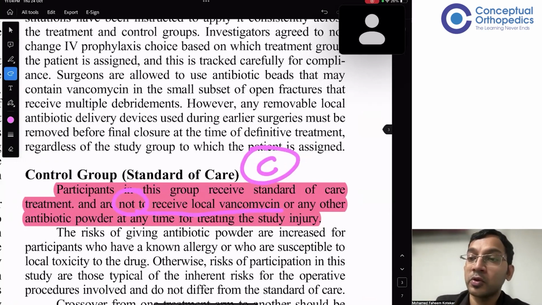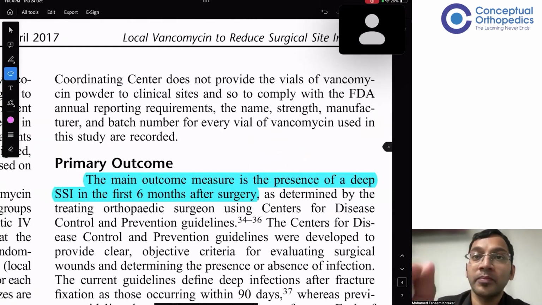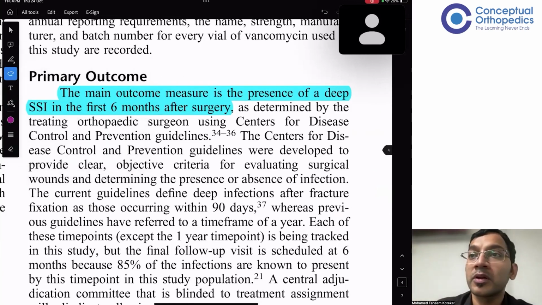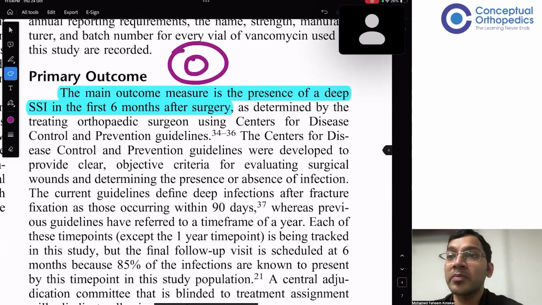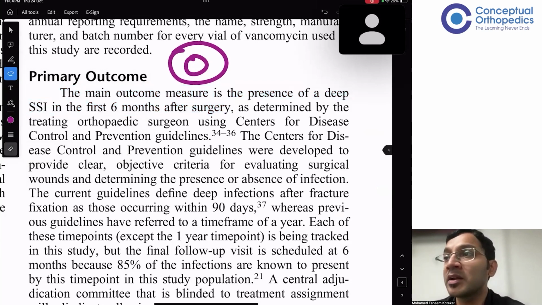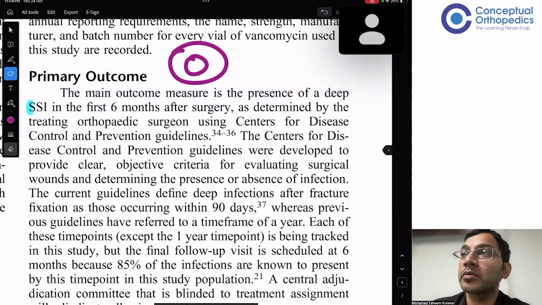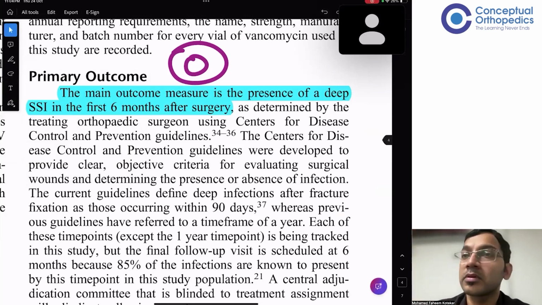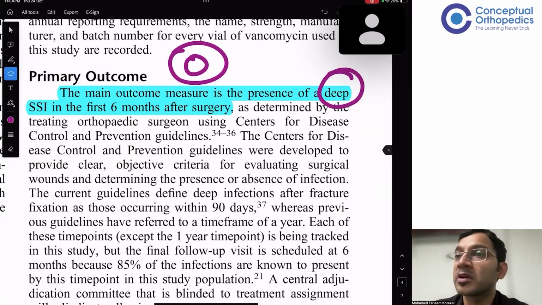Then you have the outcome. The main outcome is the presence of a deep SSI in the first 6 months after surgery. Okay.